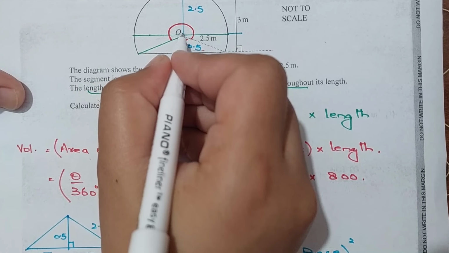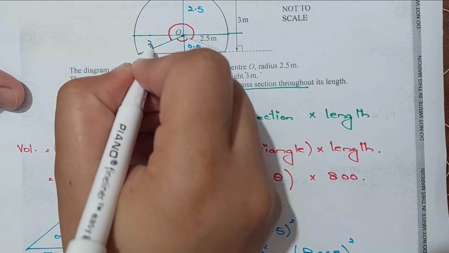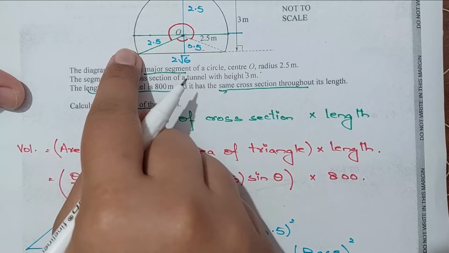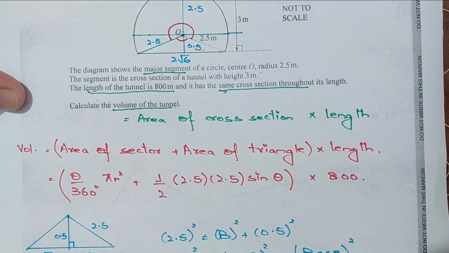And this is 2.5. Now we have all three sides of this triangle: 2.5, 2.5, and 2 root 6. We can find this angle.